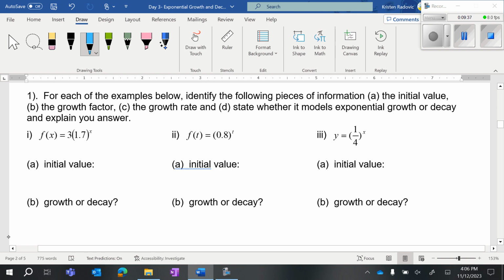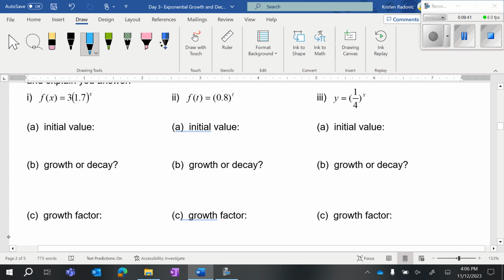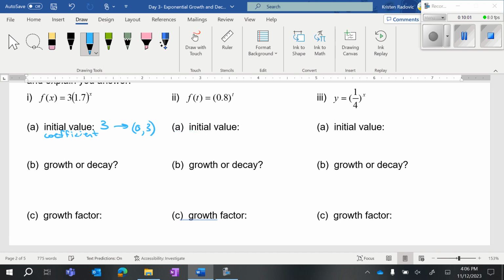So let's try a few examples because this is probably a bit confusing right now. For the first one, we have 3 times 1.7 to the x. This is exponential because your exponent is x. Your initial value is your coefficient, and the coefficient is 3. So on a coordinate, you would see this as 0, 3.